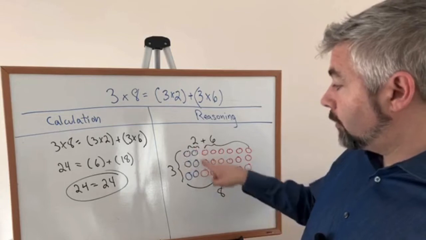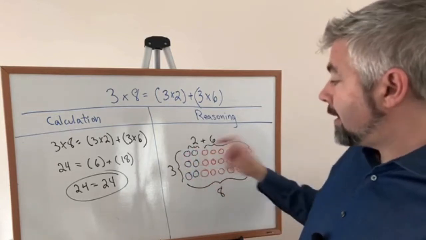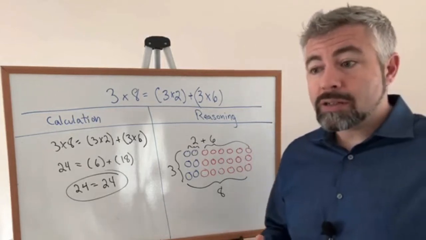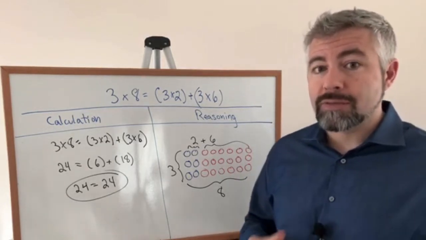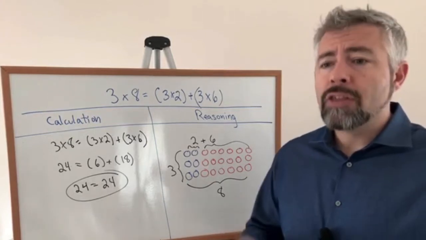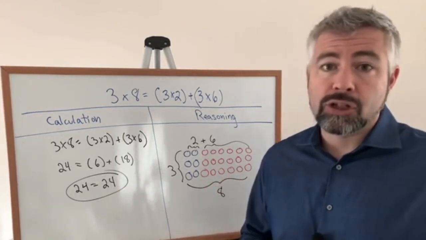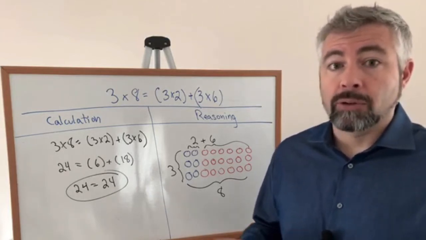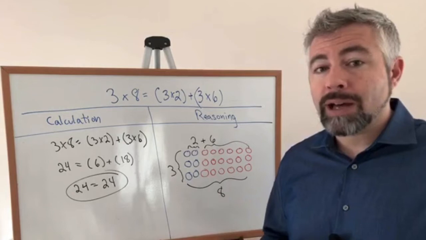So here is my 3 groups of 2, 3 groups of 6, and that is the same as 3 groups of 8. I don't want to go too much into visual models because that's not the purpose of this video, but they can be a really effective way to show mathematical understanding. There are a number of videos in our channel on visual models, including arrays, number lines, area models, and so forth. So if you want more on visual models, check that out.